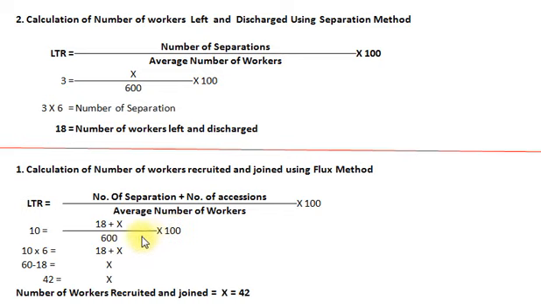So next step we get 10 multiplied by 6 is equal to 18 plus x, and next step 60 minus 18 is equal to x. So x is equal to 42, that is, the number of workers recruited and joined during the period is 42.